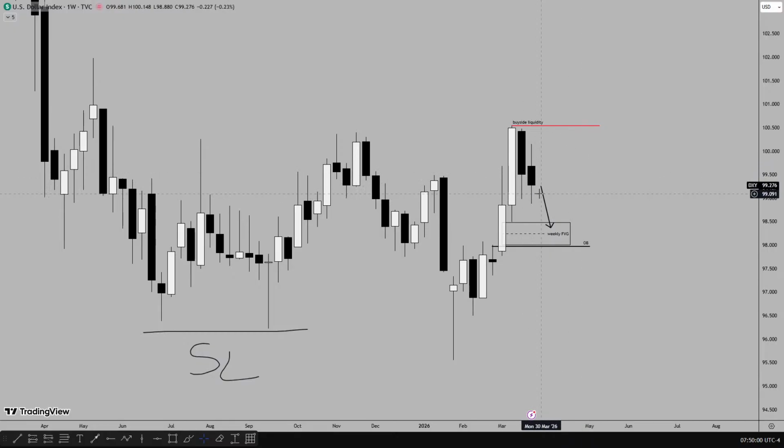I do look for those intraday setups, which I've talked about, and I have to have an idea on what I'm actually looking at going in on those lower time frames. So the idea this week is that if there's going to be a continuation or a shift in structure from the daily time frame in price trading lower, the draw on liquidity should be the weekly fair value gap. That has been my idea going in this week.